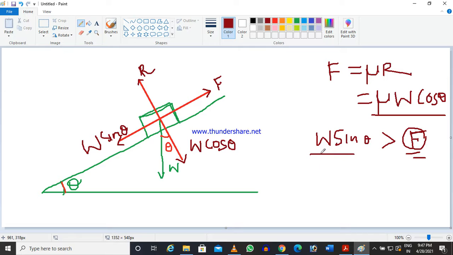So when it is sliding along the inclined surface downward, the resultant force acting on the block, which is accelerating the block, is w sin theta minus f.